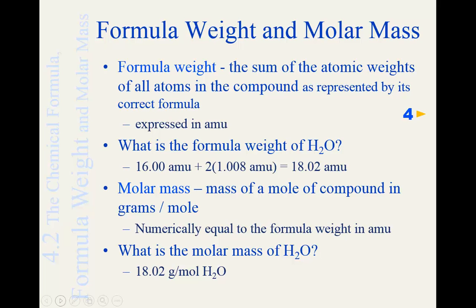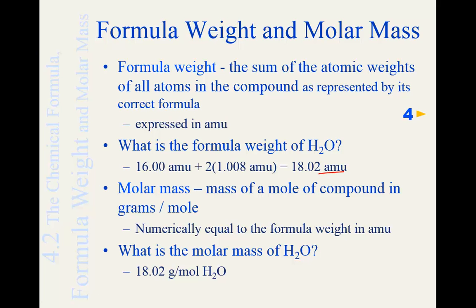All right, when we hear the word formula weight, this is kind of an old term, but it does mean something to us. Formula weight means that we're talking about the amount of mass in an individual atom or molecule. And so when we're talking about formula weight, the key is, as you know, those units should be atomic mass units.